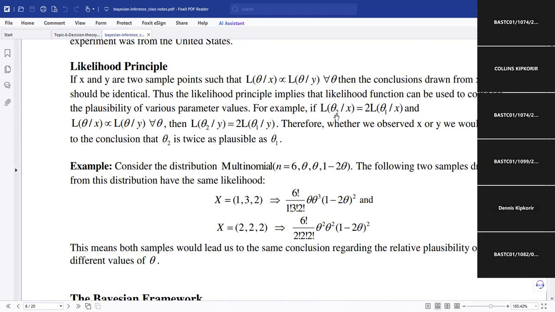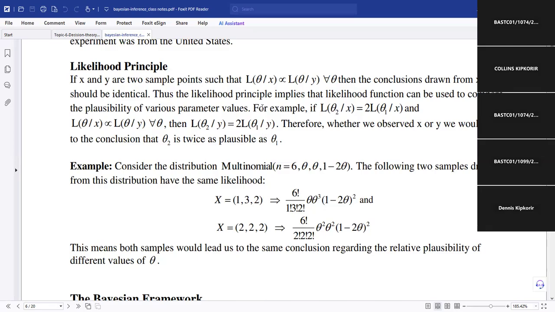For example, if L(theta 2 given x) is equal to 2 L(theta 1 given x), and L(theta given x) is directly proportional to L(theta given y) for all theta, then L(theta 2 given y) should also be equal to 2 L(theta 1 given y).